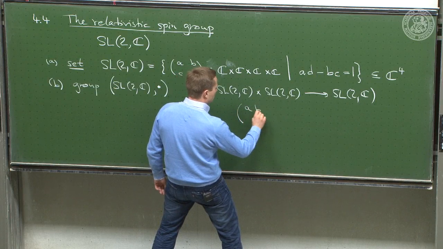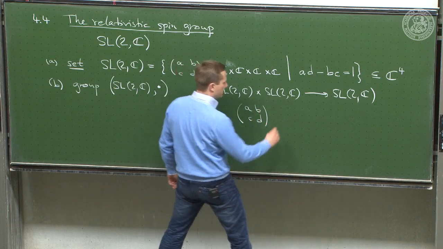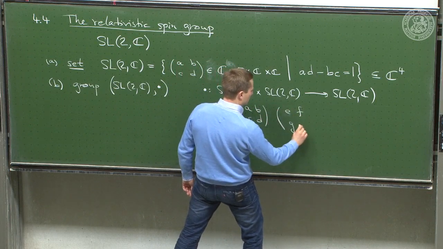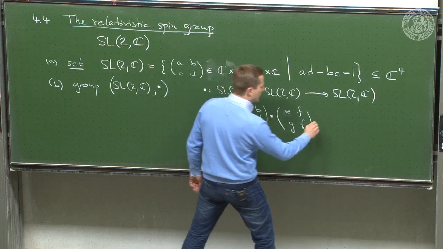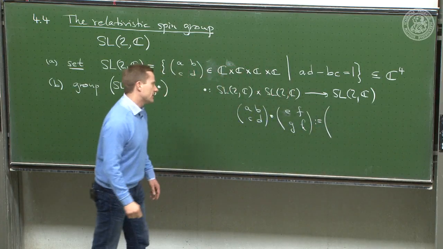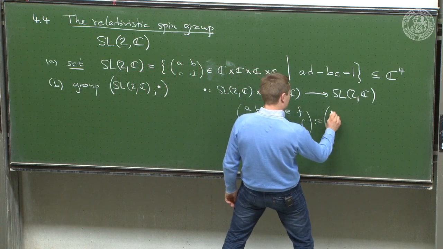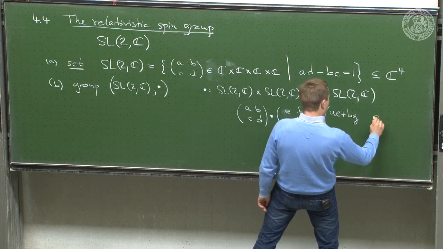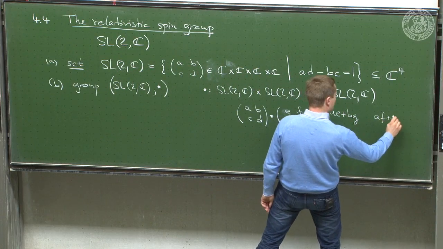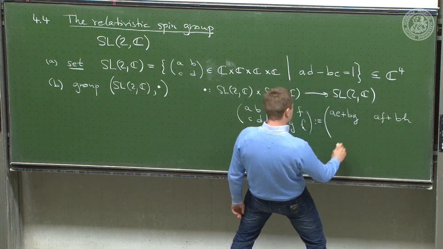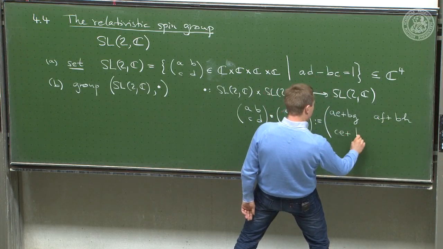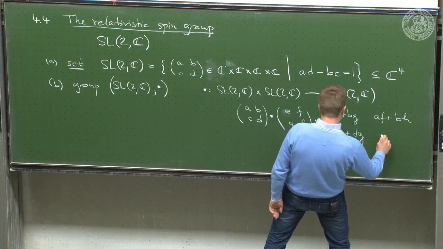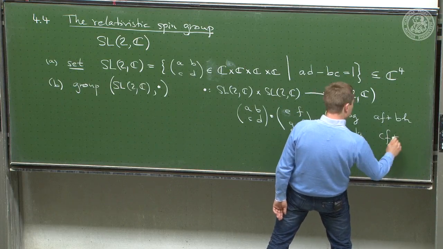We take one element, which we decided to denote in this funny fashion. We take another one, E, F, G, H. And how do we define the blob? We define the blob by the following arcane construction. It's AE plus BG, AF plus BH, CE plus DG, and CF plus DH.